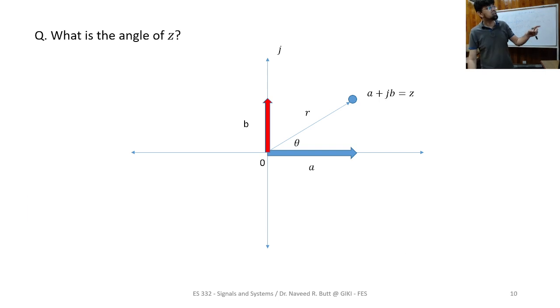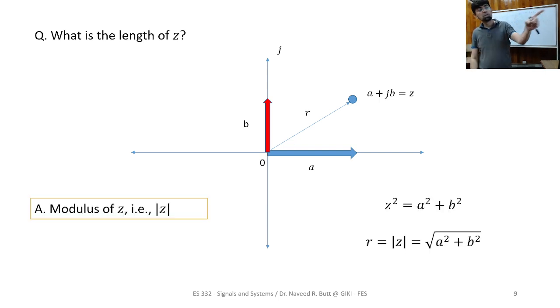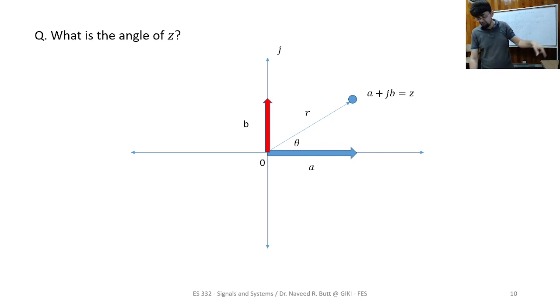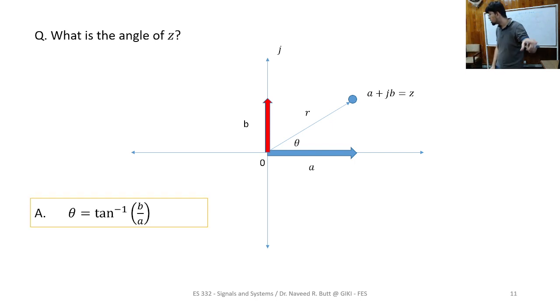But notice you just found the length, the radius, in terms of the Cartesian coordinates, and you also found the angle in terms of the Cartesian coordinates. If you know b and a, you can find r and you can find theta.